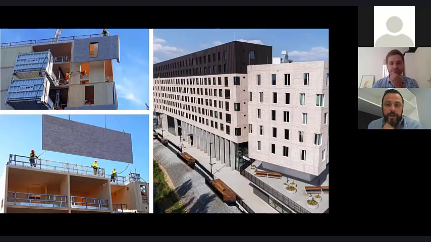This was another project. This is not a hotel, but it's student accommodation. So very similar style of structure, and the philosophy can be worked through as well. What you see here is a job where the whole structure was put up, and then they used a prefabricated brick snap system and lifted it in.